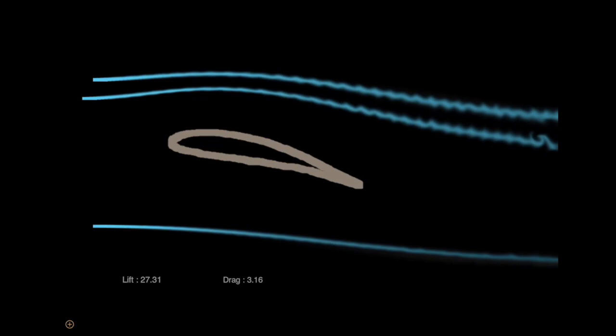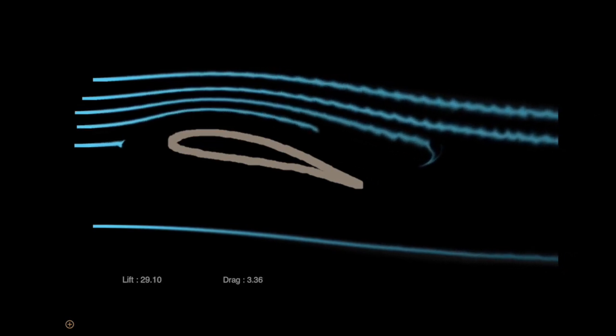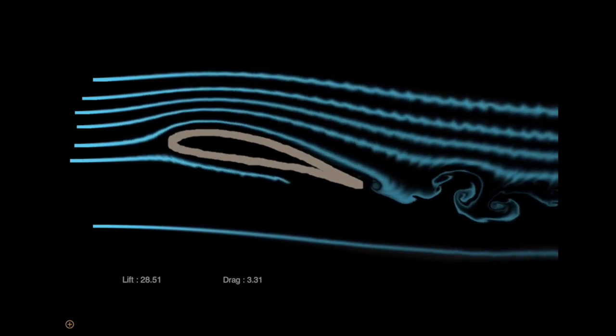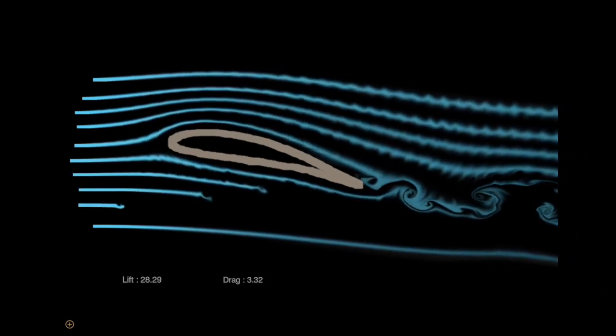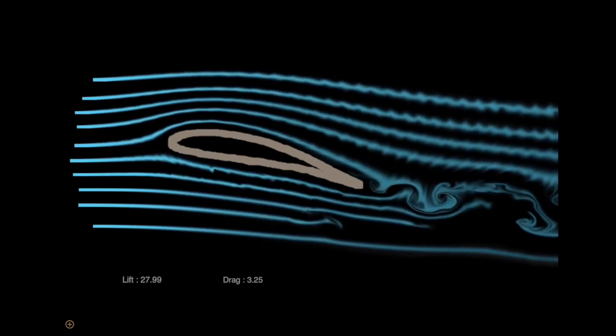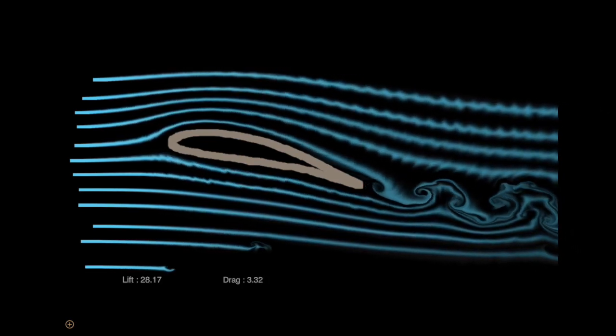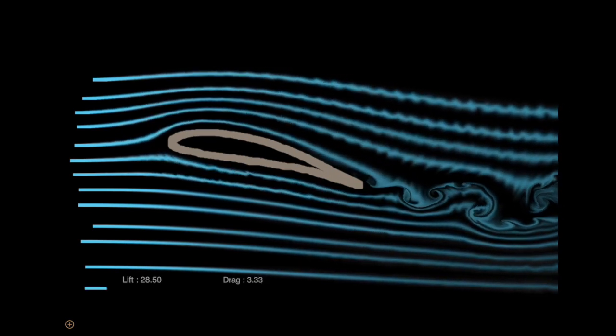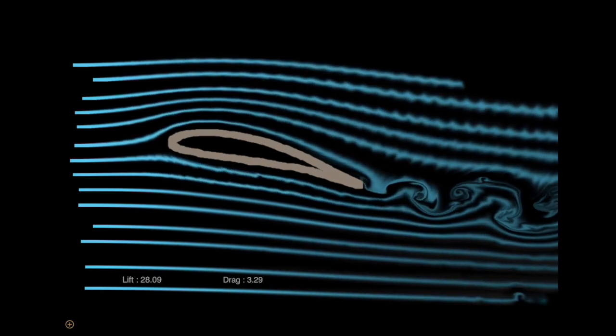If I visualize these streamlines by using a virtual wind tunnel model, okay, so I see the clear pattern of the streamlines.